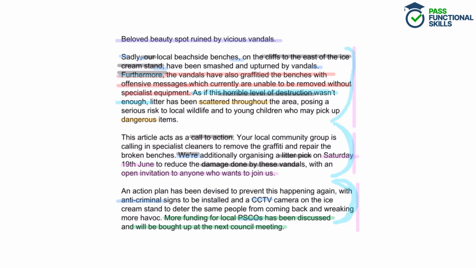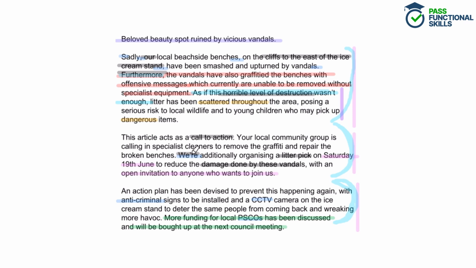Finally, this answer contains a lot of longer sentences that are more detailed and join ideas together. So for example, we have, "As if this horrible level of destruction wasn't enough, litter has been scattered throughout the area, posing a serious risk to local wildlife and to young children who may pick up dangerous items." So we can see that that's quite a long sentence, but it still makes sense despite how long it is.